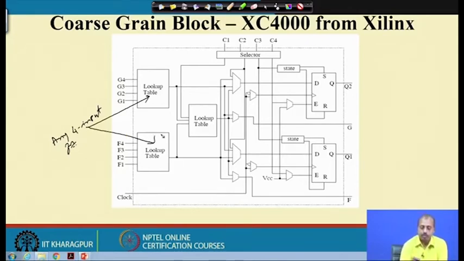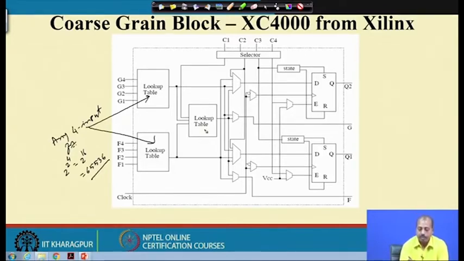So, if I take them separately, then I can realize 2 4 input functions directly from the lookup tables. The number of 4 input Boolean functions that you can have is 2 power 2 power 4, that is 2 power 16, so it is 65536. This is the total number of 4 variable functions that are possible. You see this is a huge number of functions that you can realize using these 4 input lookup tables. Plus there is another lookup table after this.